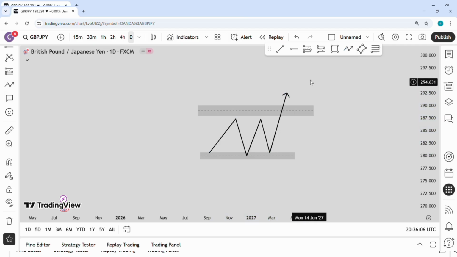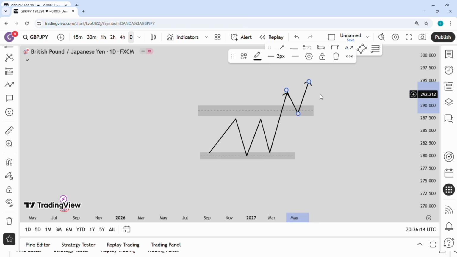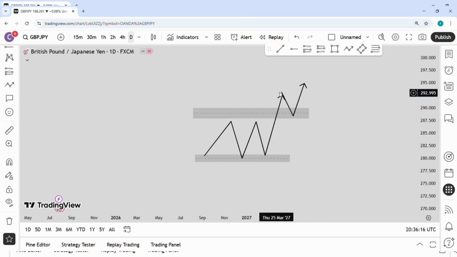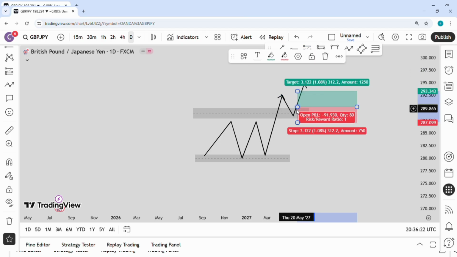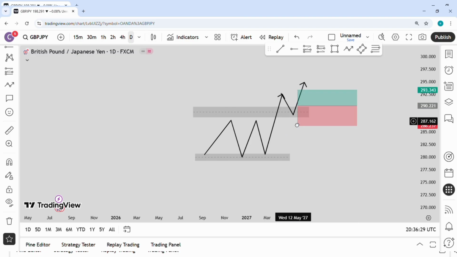And after seeing a breakout, you see something like this, a retest of that breakout and a continuation to the upside. Then retail traders, they do what? They set their stop loss below here. If they enter from here, their stop loss will be below this particular place.